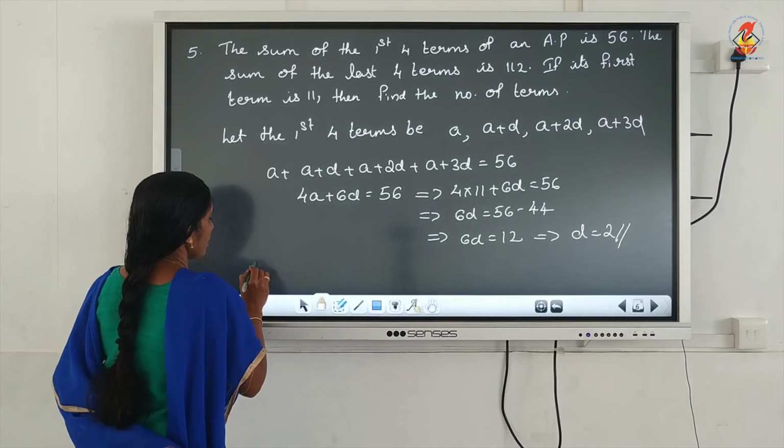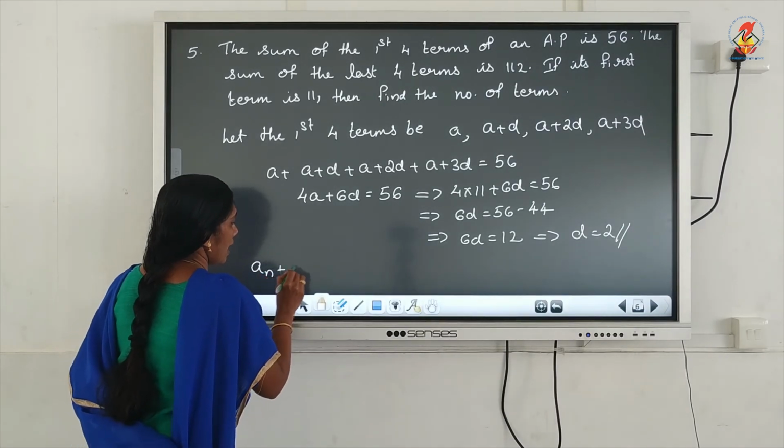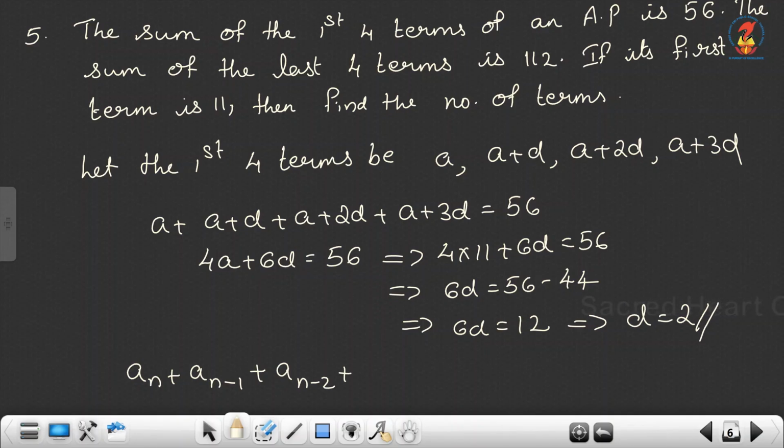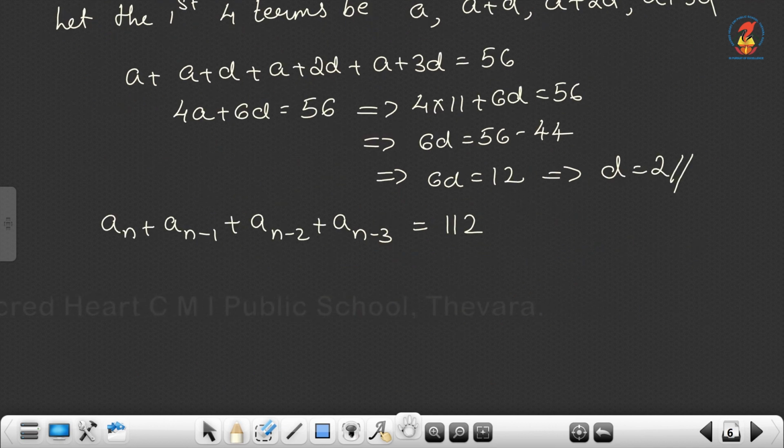So an plus an minus 1 plus an minus 2 plus an minus 3, the nth term, n minus 1th term, n minus 2th term, and n minus 3rd term, is given as 112. Now how to write the nth term?